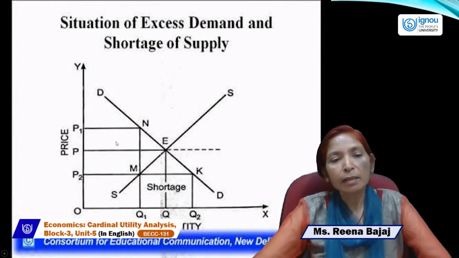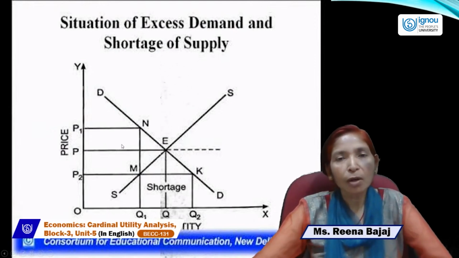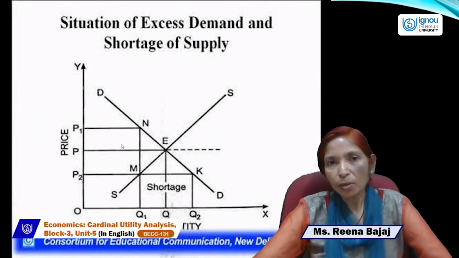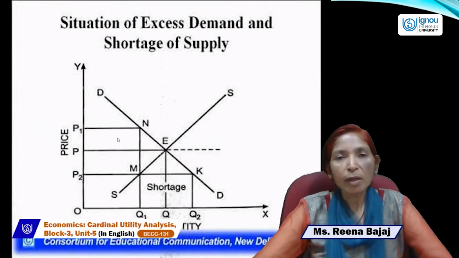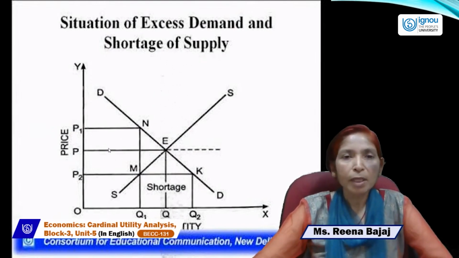If the price is higher, then supply will be higher, but demand will be lower, according to the law of demand and supply. At a higher price, the producer will produce more, but the consumer will demand less. And at a lower price, consumer demand will be higher, but supply will be lower.